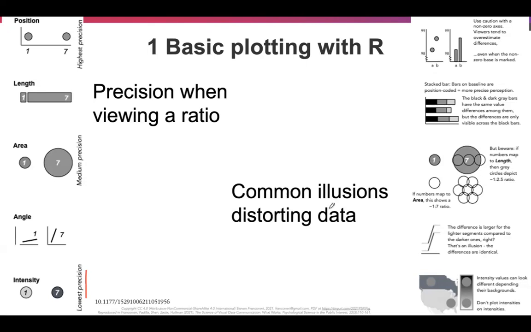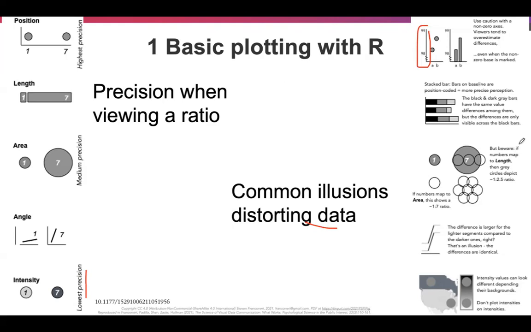If we think about illusions that may distort data as well, not scaling the y-axis with 0 is a common issue. We also have the stacked bars, where the baselines are very difficult to judge for the gray and light gray here.